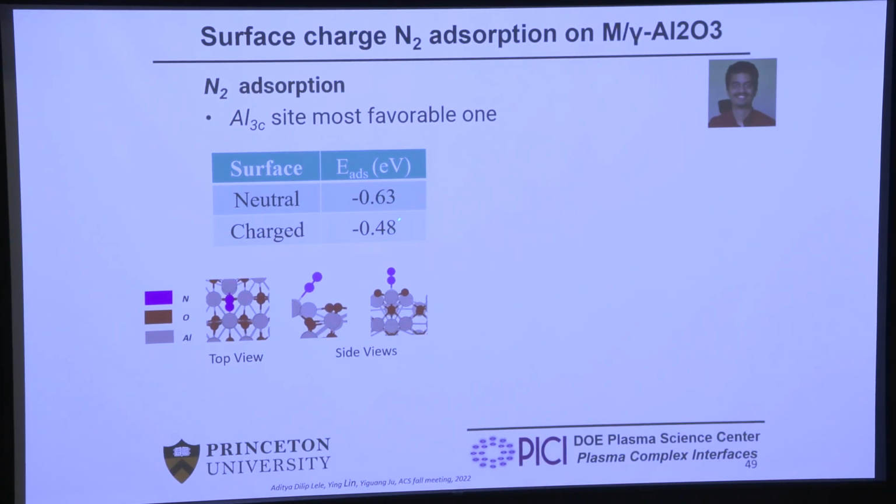It looks very small, but it is important because every eV is 11,000 Kelvin. So a small change in eV is a big change in terms of temperature.